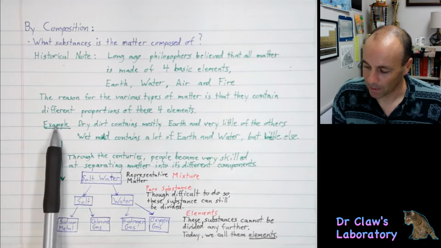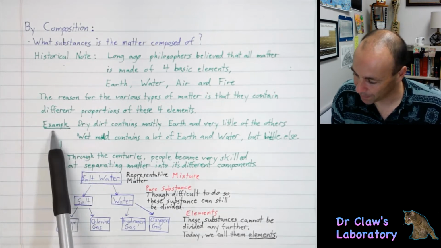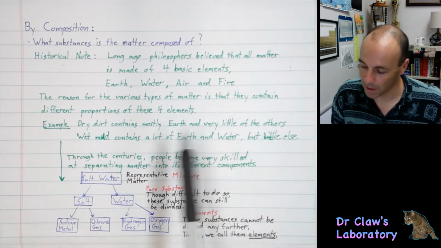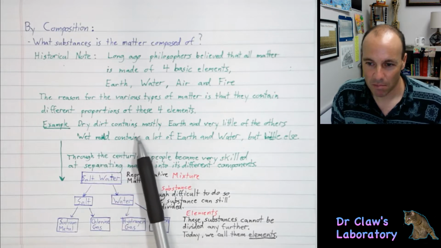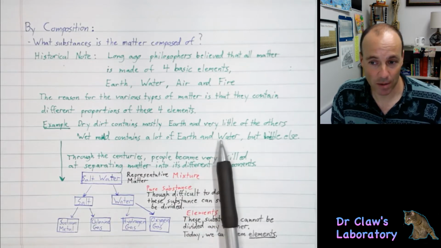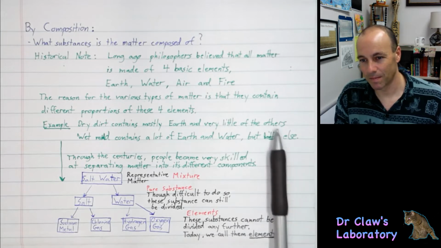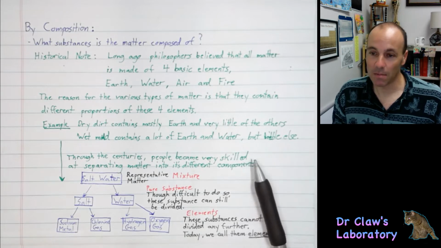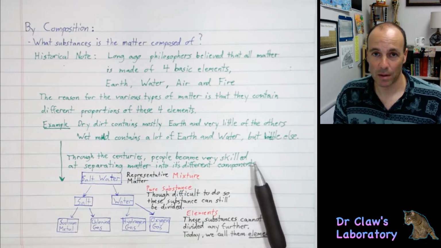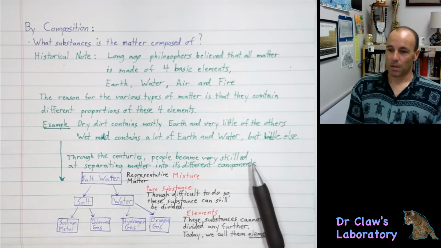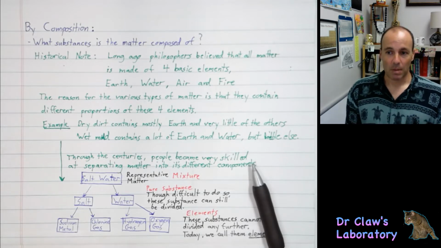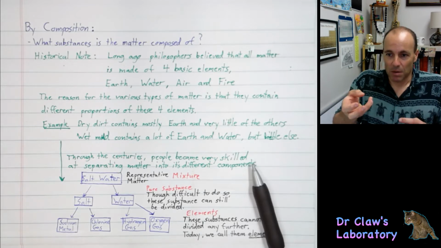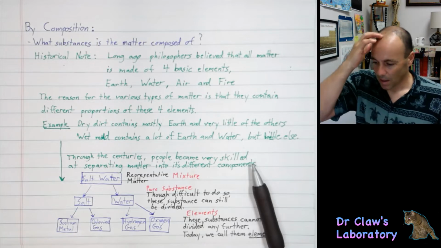So, for example, dry dirt contains mostly earth and very little of the others. Wet mud contains probably a lot of earth and a lot of water, but maybe little else. So that's another example. Now, through the centuries, people became very skilled at separating matter. In the Bronze Age and the Iron Age, people were able to smelt ores, dig stuff out of the earth and produce material from it.